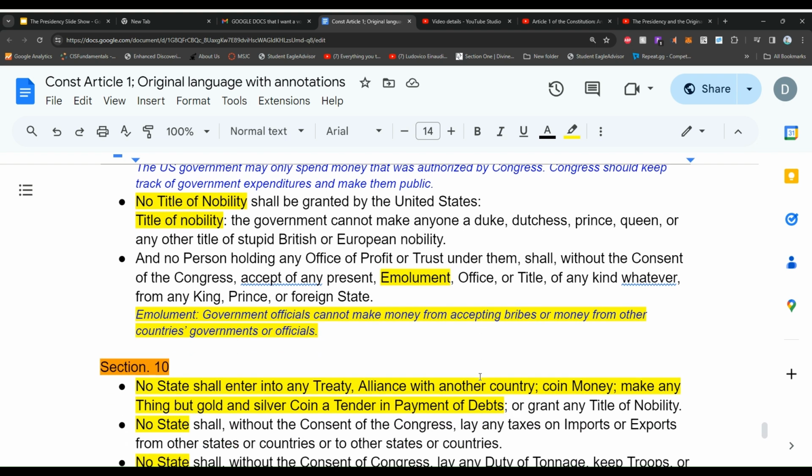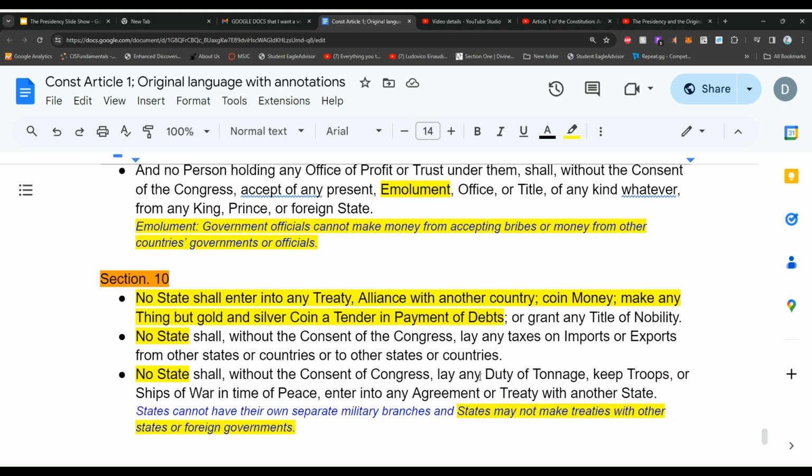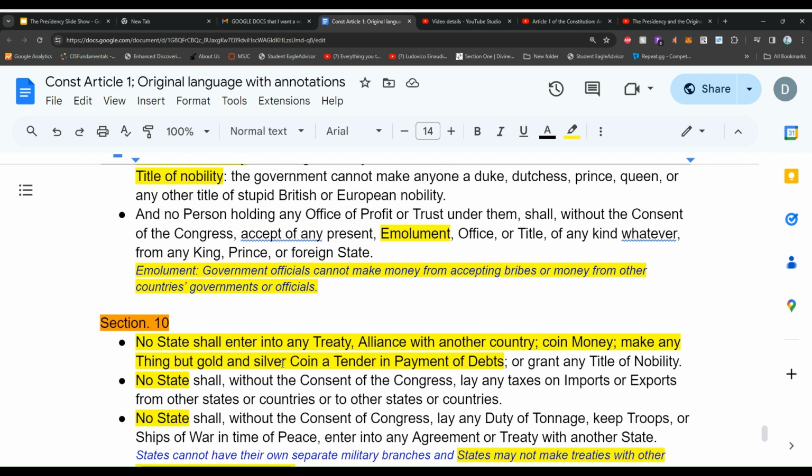If we go down to the bullet point with the next yellow, no title of nobility shall be granted by the United States. And the next bullet, no person holding any office of profit or trust under them shall, without the consent of Congress, accept any present or, now here's the key word, emolument.